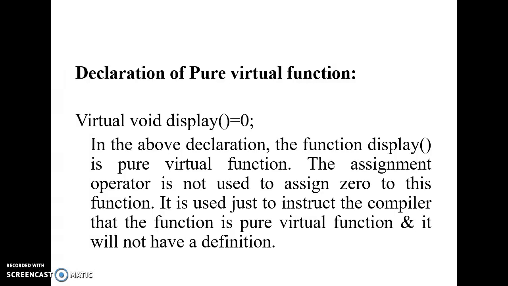It is just to instruct the compiler that the function is a pure virtual function and it will not have a definition. A pure virtual function does not have any type of definition, either in a base class or in a derived class. It is just a dummy function. So the class containing the pure virtual function becomes an abstract data type or abstract class.